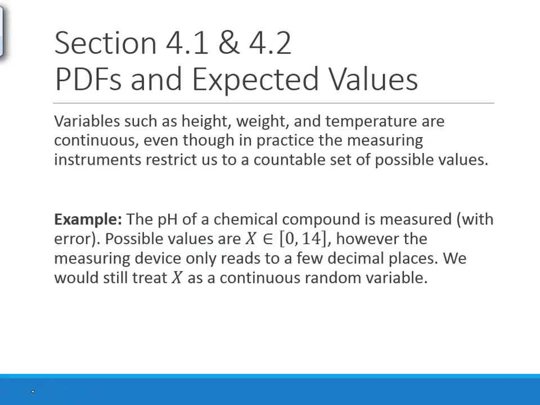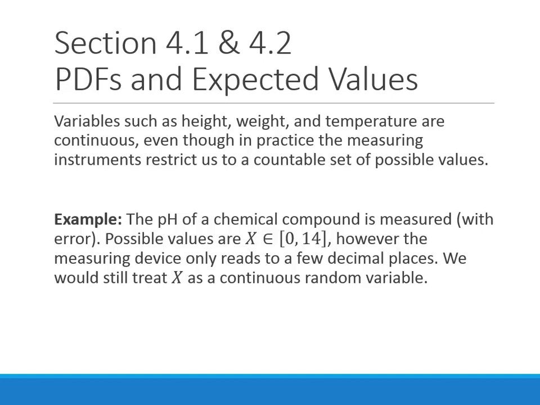Most of what you'll encounter in the real world is going to be a continuous random variable. This usually involves variables that, like I mentioned before, can be measured: things like height, weight, temperature, any number of other variables that you might encounter in your various experiments. Those are probably going to be continuous random variables. And just to note, we would consider them continuous even though measuring scales have certain limitations.